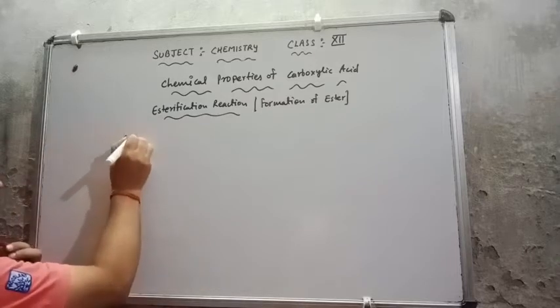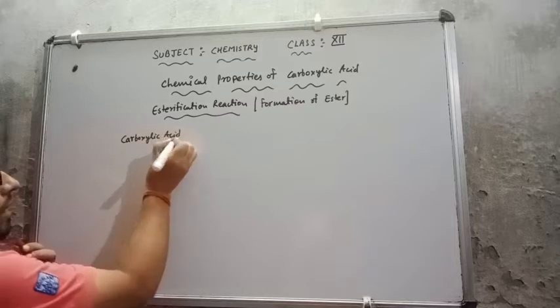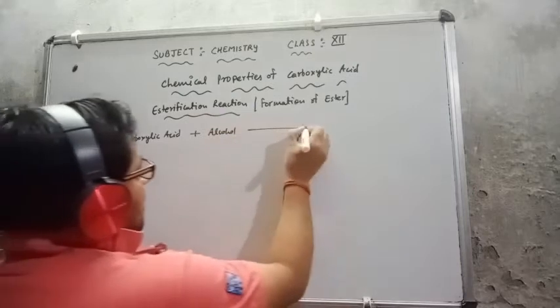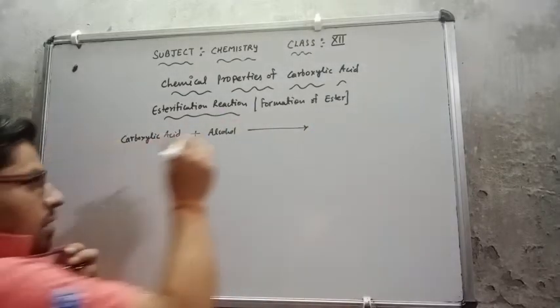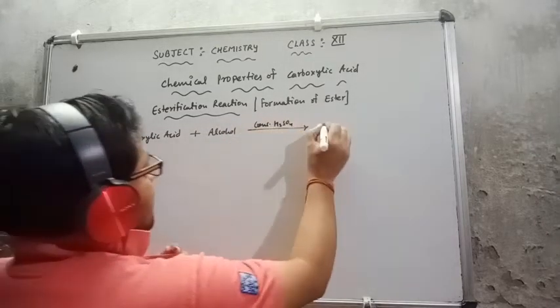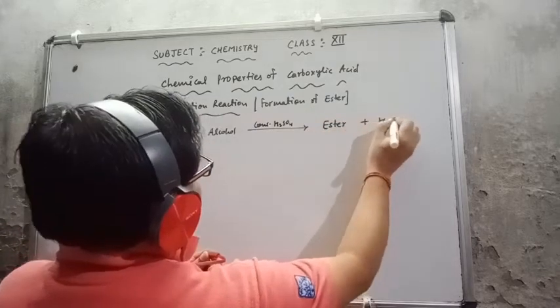Whenever any carboxylic acid reacts with alcohol in the presence of concentrated H2SO4, then they give us a sweet smelling substance, ester, and a water molecule.